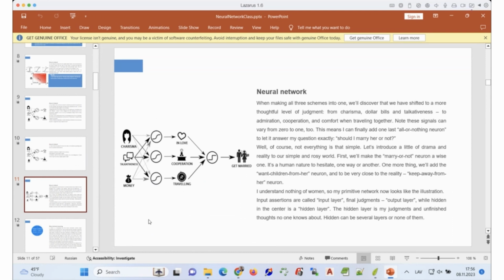For example, whether the person is someone we would like to get married to, well, why not? And for sure, this is the case when the answer of the neuron should be strictly yes or strictly no. So that's why we have these different ways a mathematical function can distribute its values, right? I suppose you understand this, because I guess you know basic mathematics.